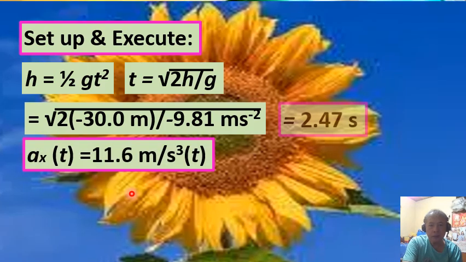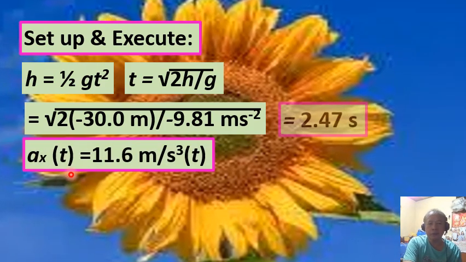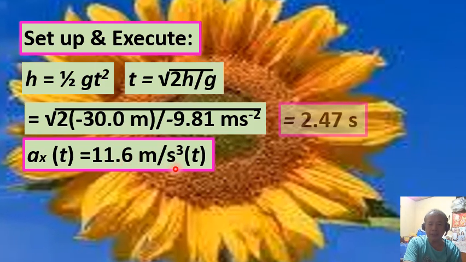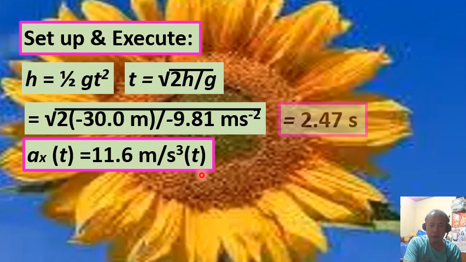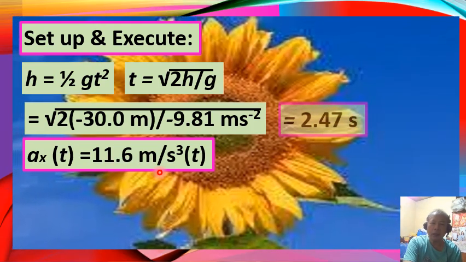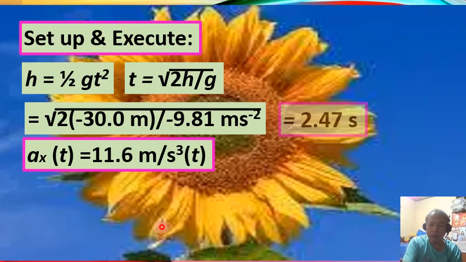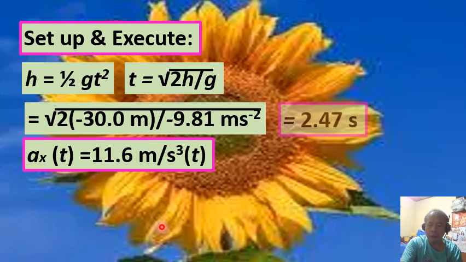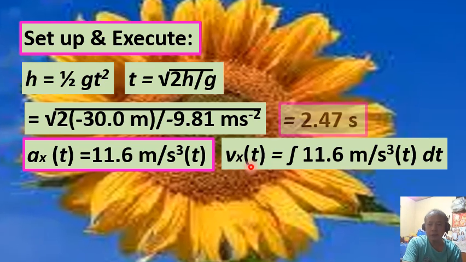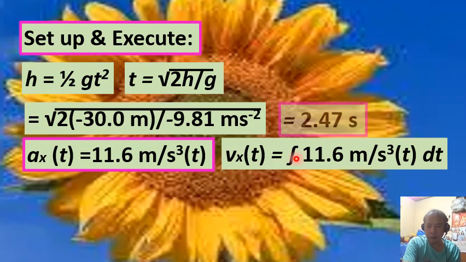And since we are given the horizontal acceleration as a function of time equal to 11.6 meters per second cubed times t, we can just integrate this acceleration function for us to get the velocity as a function of time, v x as a function of time t.